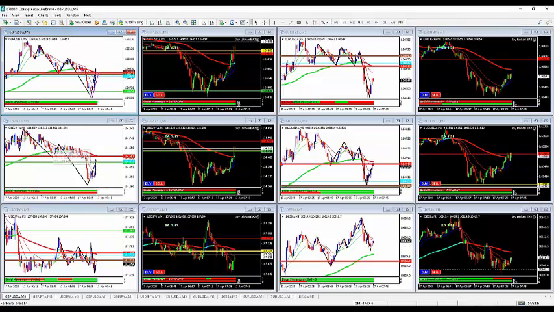But between 1, 2, and 3, what is the pullback? Just naked eye, I don't have to physically draw those Fibonacci extensions. Naked eye tells me that pullback is something like 25%. So does that qualify under the rules of a low risk, high probability trade?